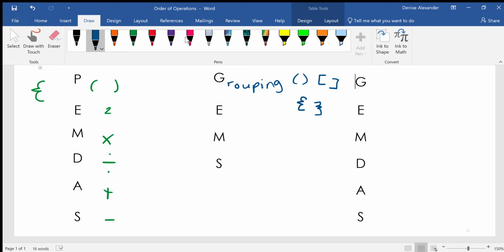Then we have exponents, which is some number to some power. And then we have multiplication or division, and then we have subtraction or addition. Now I'll explain how this all works after I explain this one over here.